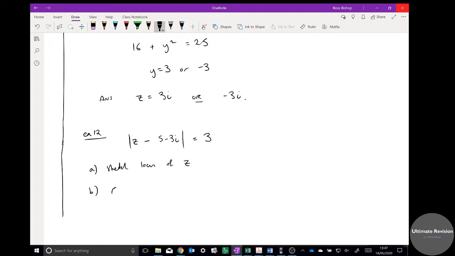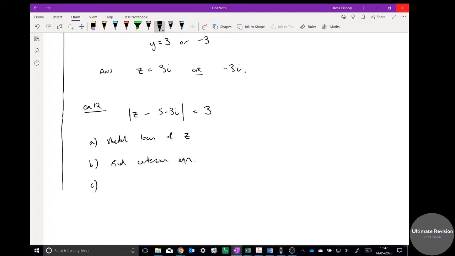B, find the Cartesian equation. And C, which we'll come on to in a minute, is find the minimum value of the arg of this z.